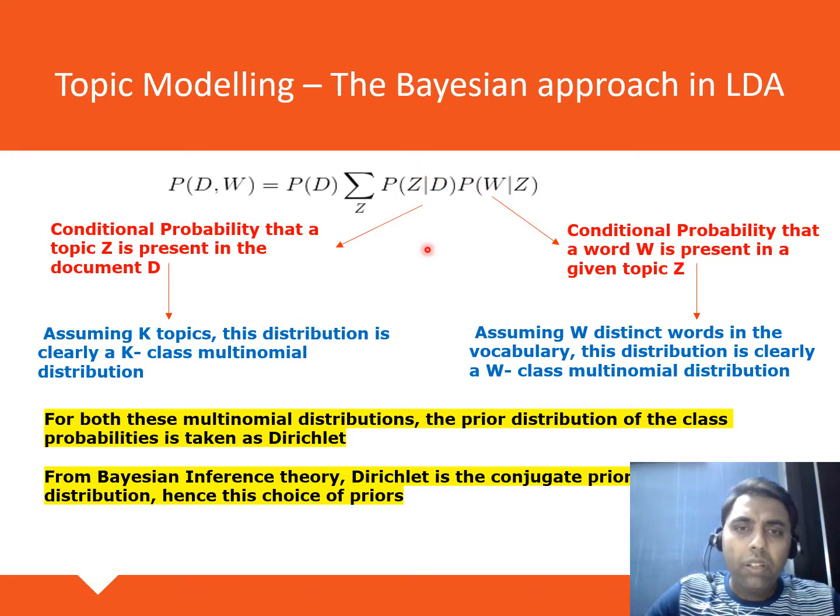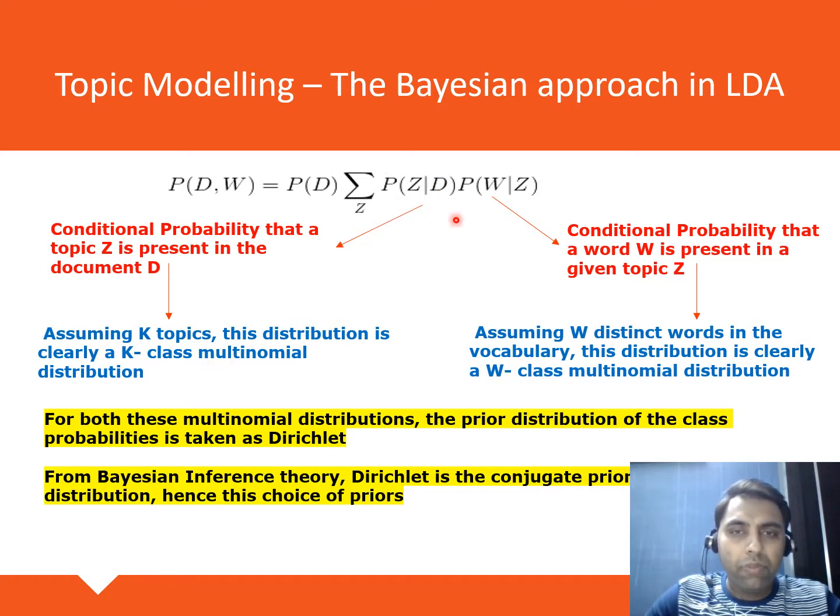Before that, if you look at these two distributions, probability of topic given document and probability of word given document, what kind of probability distributions do you think they will be?